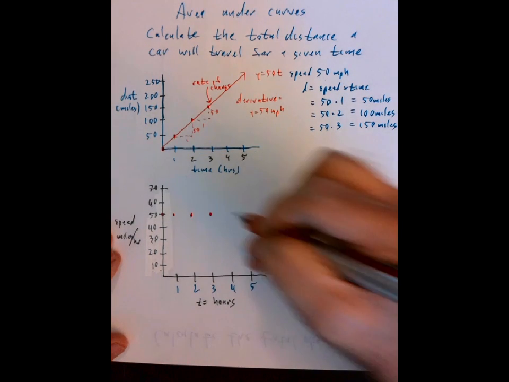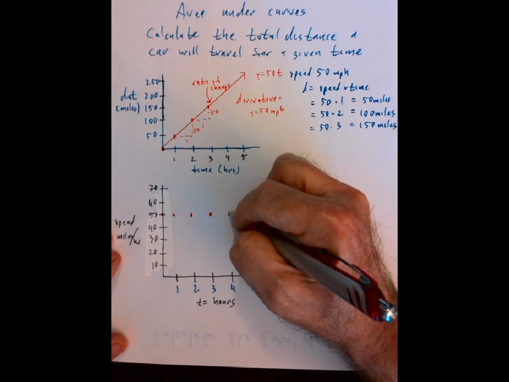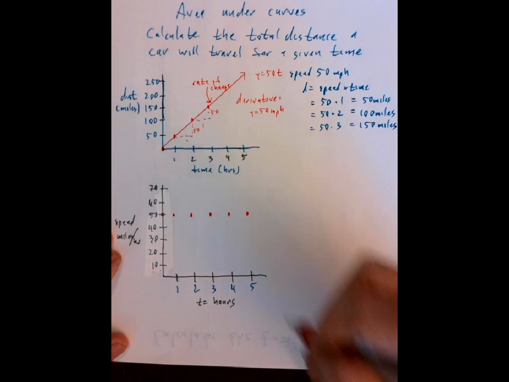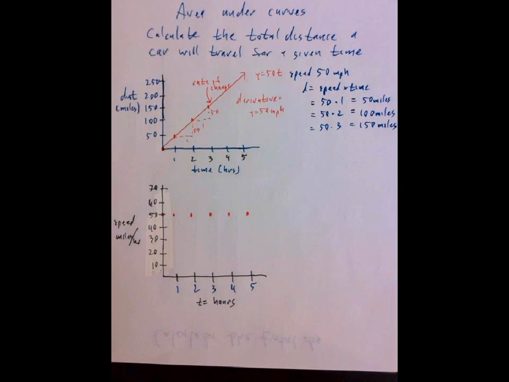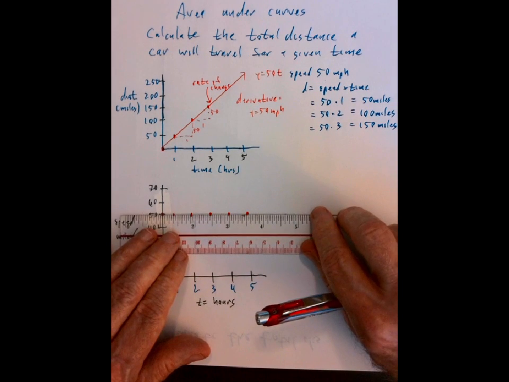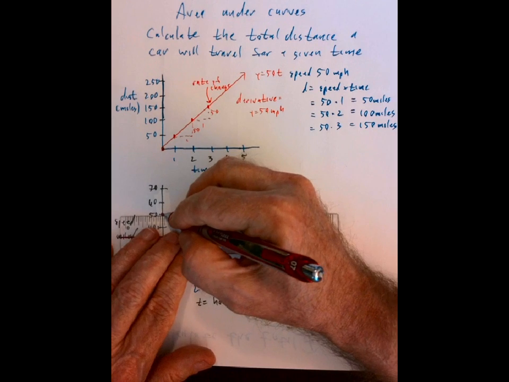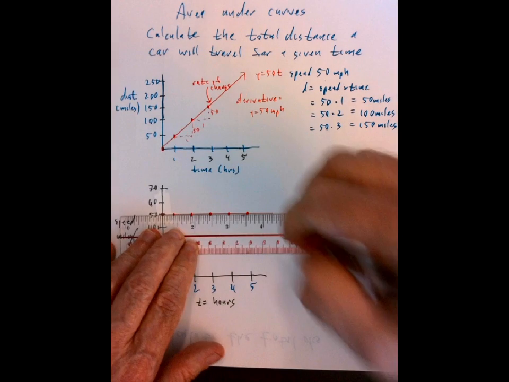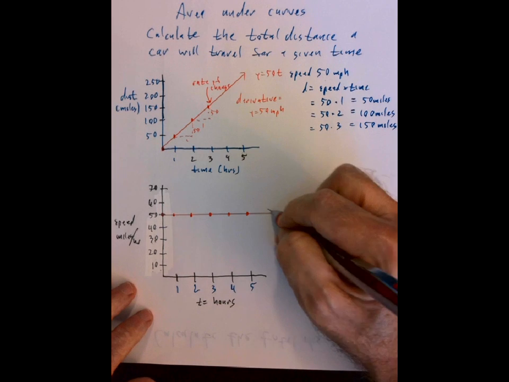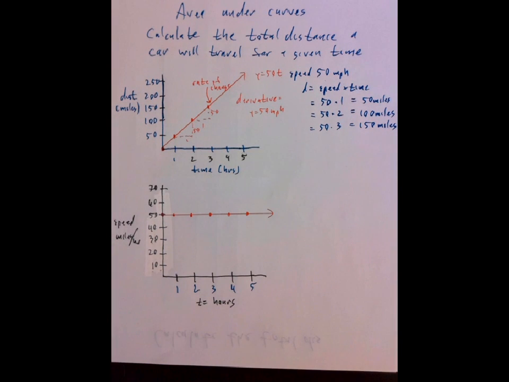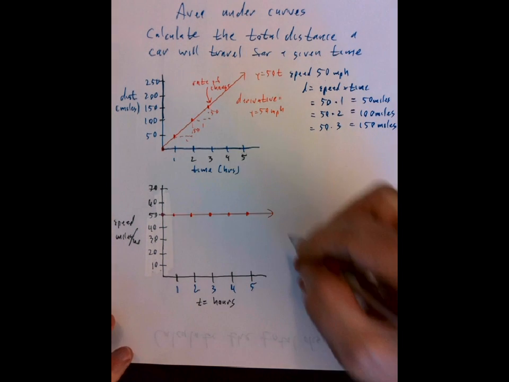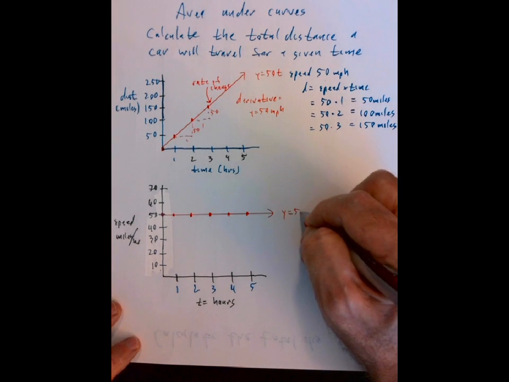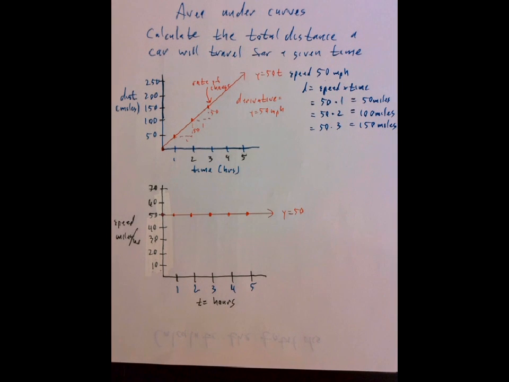After 3 hours, it's still 50. 4 hours, 5 hours, it's always going 50 miles an hour, right? Cool. Well, I'm just going to go ahead and draw a line through that, and that gives us, we called it a constant graph because it's a constant function. Oh, look, that's the graph, in fact, of y equals 50, a horizontal line, right?